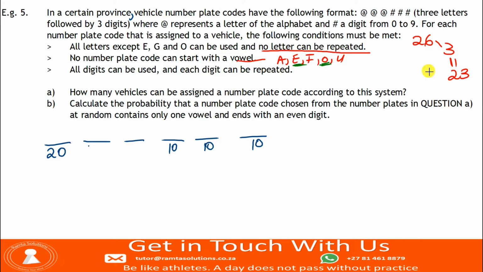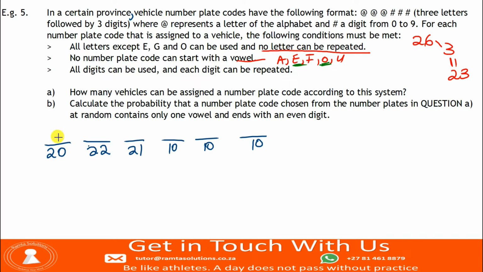Now, if you have taken one of the letters of the 20, which means you have taken one of the letters of the 23, right? So if that's the case, you are left with 22 for this place, because now vowels can be included. And then here you are left with 21 because no letter can be repeated.